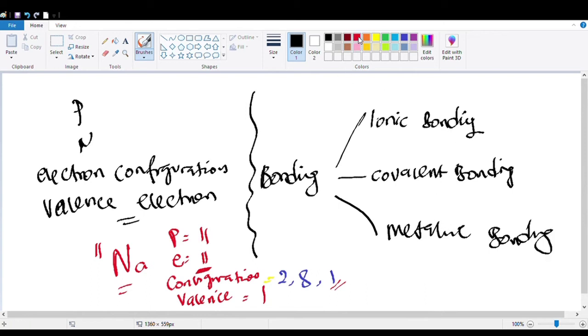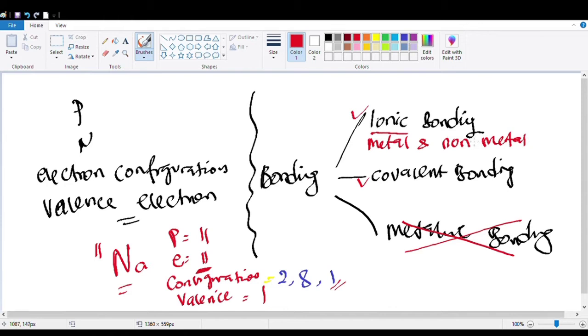Okay, we talk about metallic bonding later in other classes, and we just focus on ionic and covalent bonding, but today we are going to talk about ionic bonding first. Ionic bonding is a bond between a metal and a non-metal. So you have to know which one is a metal element and which one is a non-metal element.